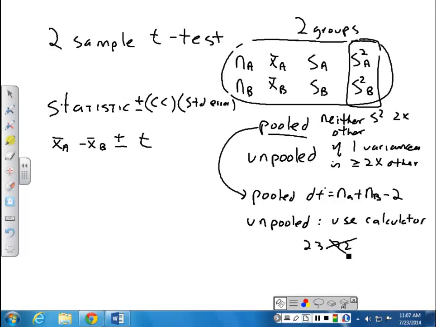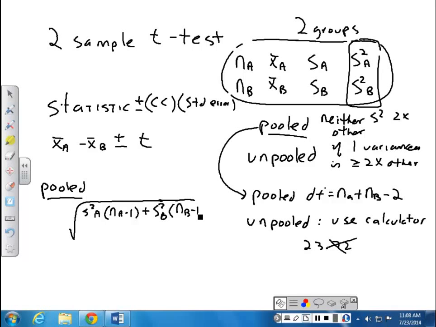Then times the standard error, and that's going to be one of two formulas. For pooled, it's going to be the square root of S squared A times NA minus 1, plus this variance, these are variances, S squared B times NB minus 1, divided by NA plus NB minus 2.